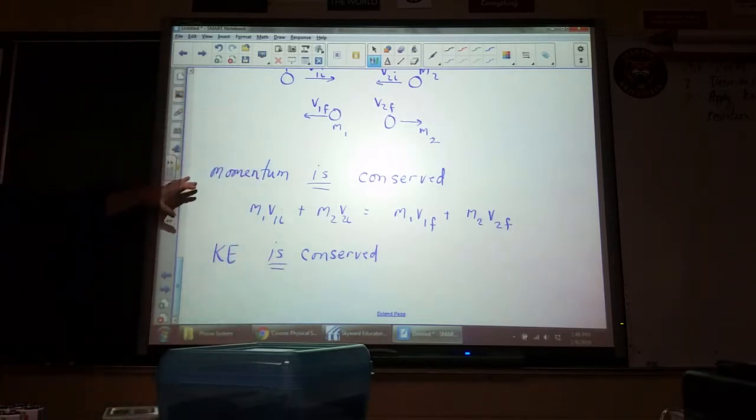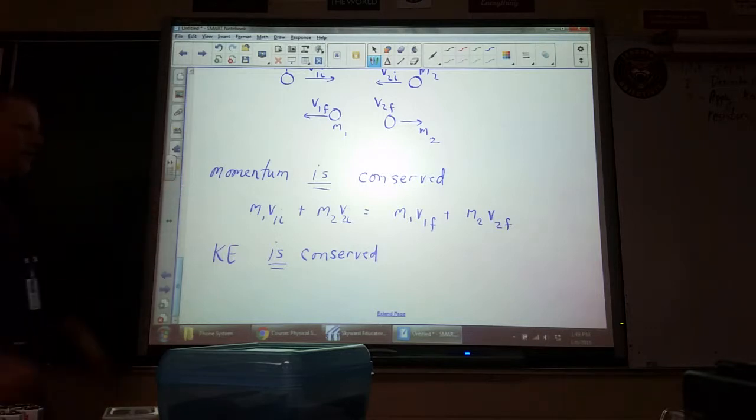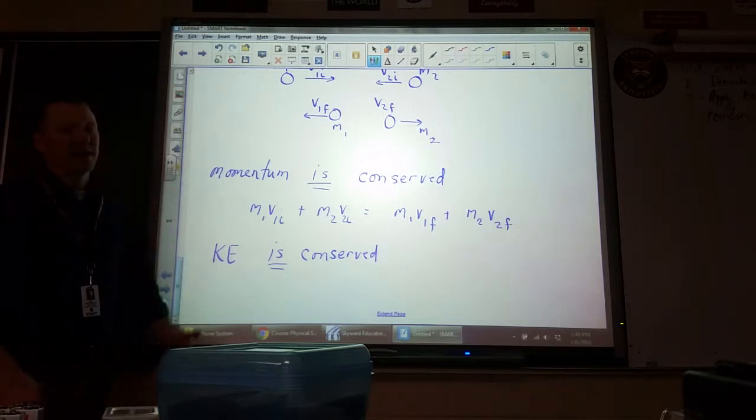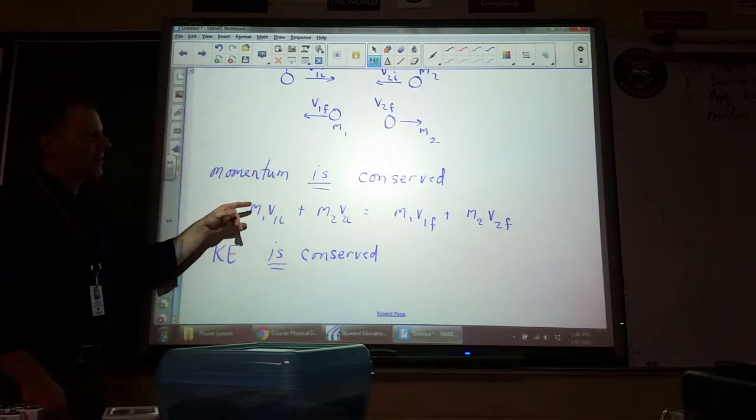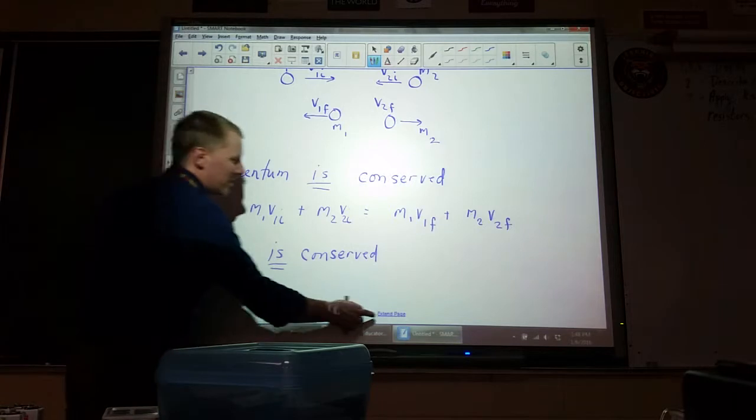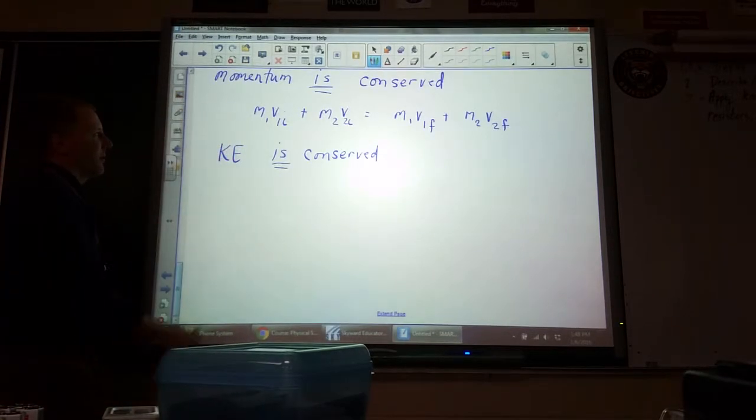Now in nature, it's really hard to see a perfect collision like this. When we see them at macro scale, like cars and things, it's really somewhere in between. But if you start looking at atomic interactions, those bounce really well.